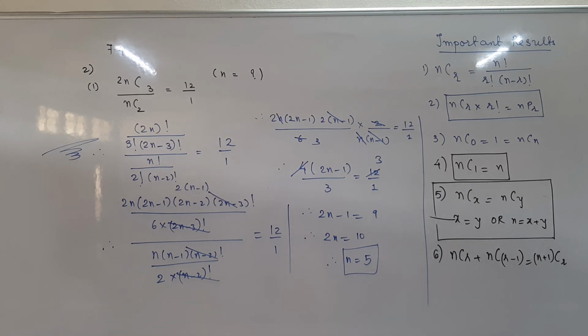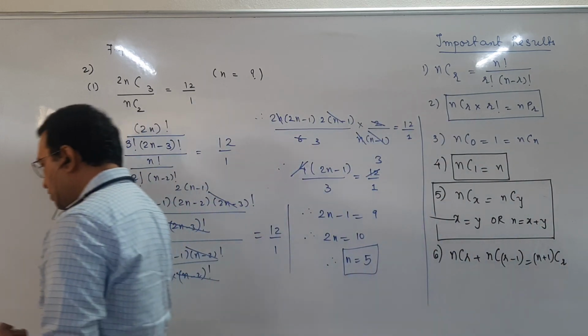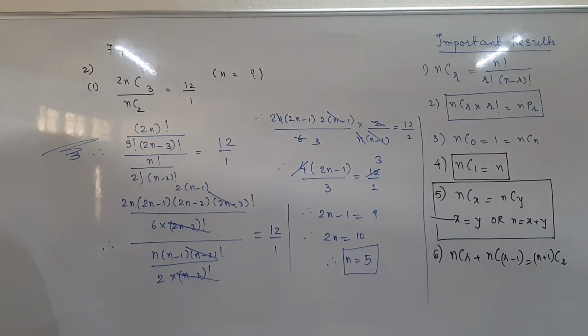So, in this type of sums, our prime concern is to get the factorial terms cancelled. So, let us revise the definition of permutation and combination at a time so that students you can understand what is permutation. The total arrangement of r things out of given n things are called permutations of r things denoted by nPr.